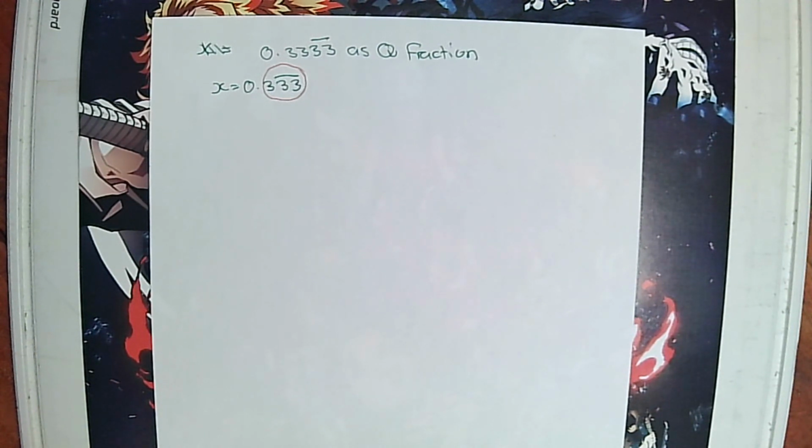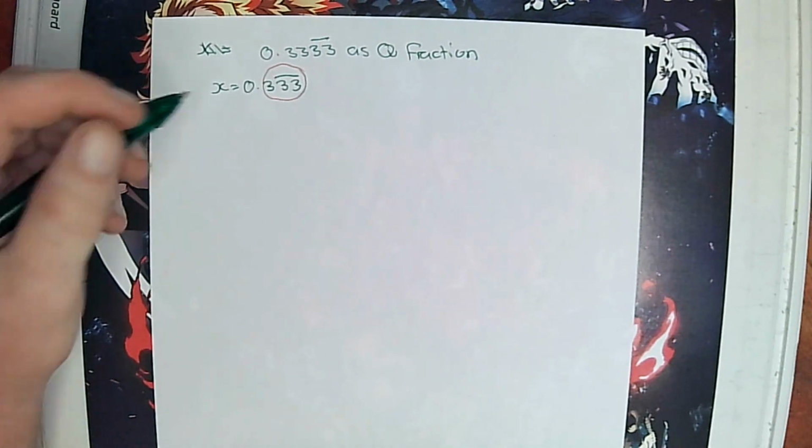So we do it through elimination because it's very simple. What do I mean by that? Well, the first thing we have to do is multiply by 10 or 100 or 1,000, doesn't matter. In this case, you choose the smallest possible multiple of 10, which is 10, right?